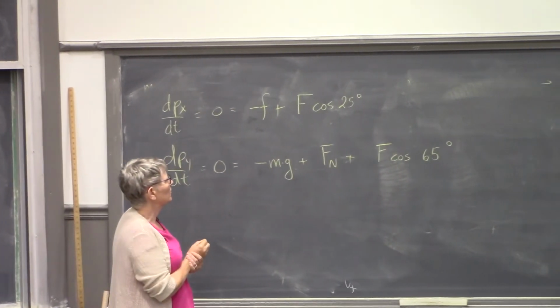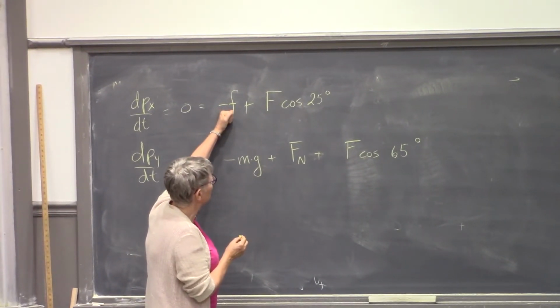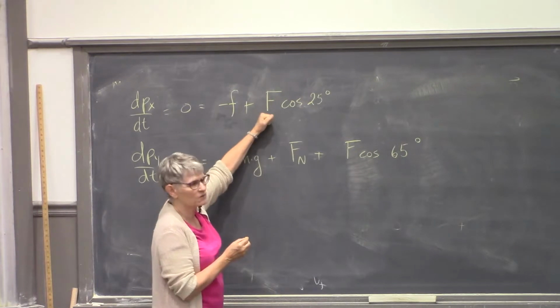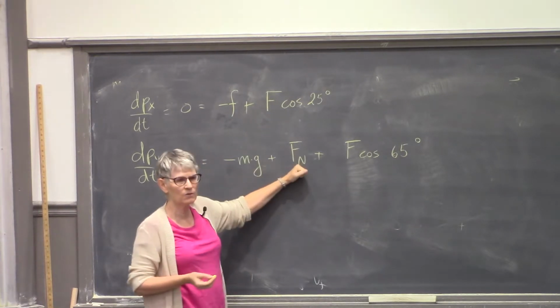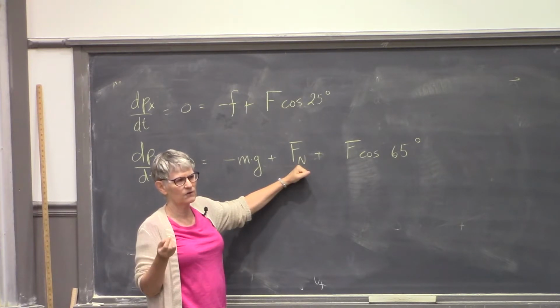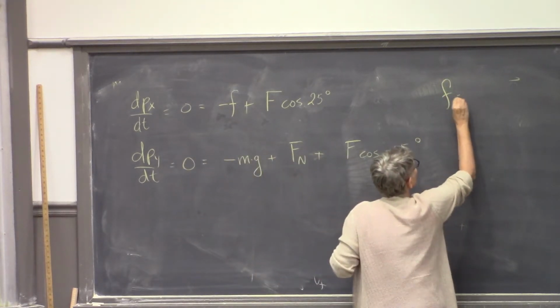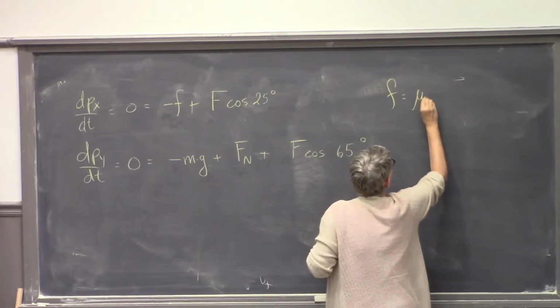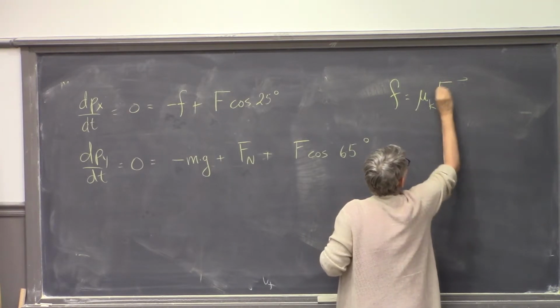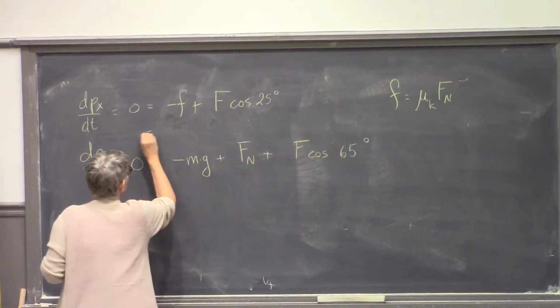Now that's sort of a problem because it looks like we've got three unknowns. We've got F, the friction force, the force of the pulling, and the normal force. But is the friction force related to the normal force? Yeah. So friction is equal to mu k times the normal force, and we can substitute that in here.